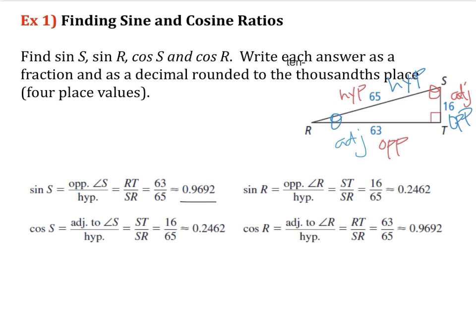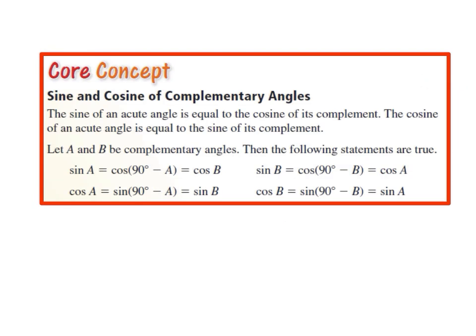We have decimal 0.9692 for both the sine of S and the cosine of R. And then we have decimal 0.2462 for both the sine of R and the cosine of S. So we have the opposite going on here. Kind of interesting.